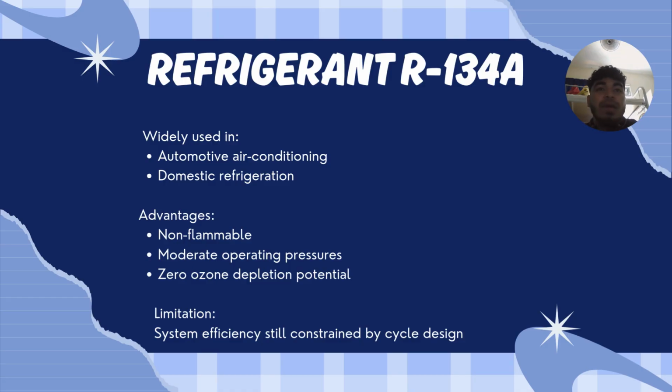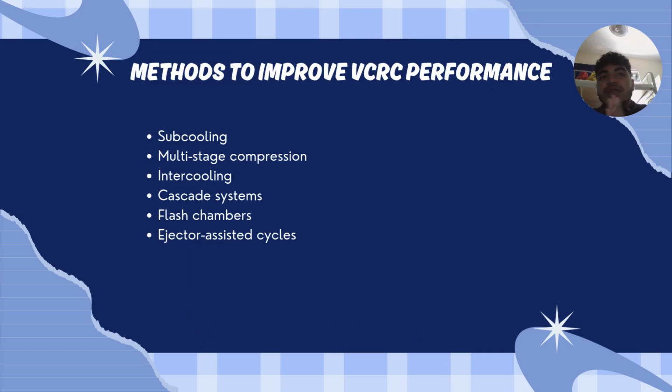It is non-flammable and operates at moderate pressure, making it suitable for practical application. However, studies show that improving the system design is more effective than changing the refrigerant when aiming to increase the system efficiency. So we did some research to improve the performance.